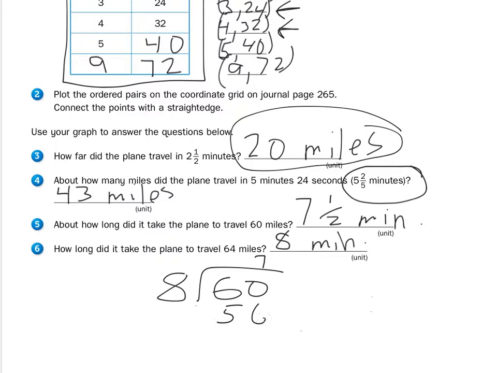That equals 56. And I have 4 left. So that gives me 7 4/8 minutes. But I can reduce that or simplify it into simplest form and get 7.5. So you could have used the graph, or you could simply continue to use the table and plug in the in times and the out times if you know that the rule is multiplying by 8. So 2 different ways to solve these problems.